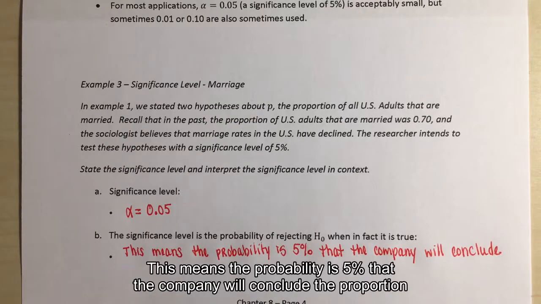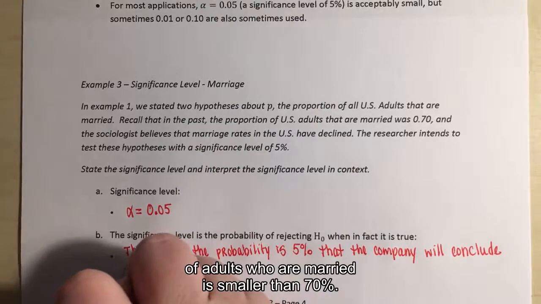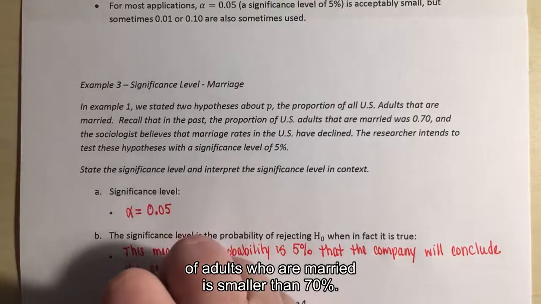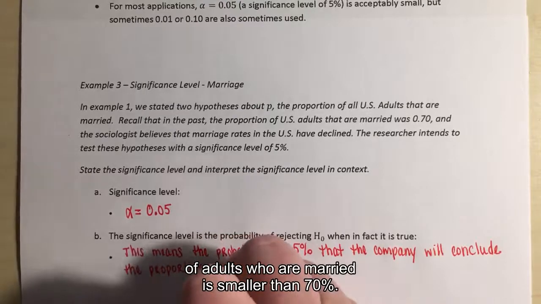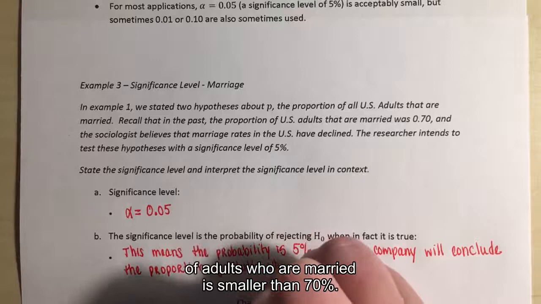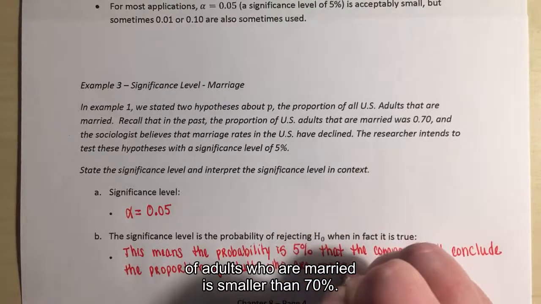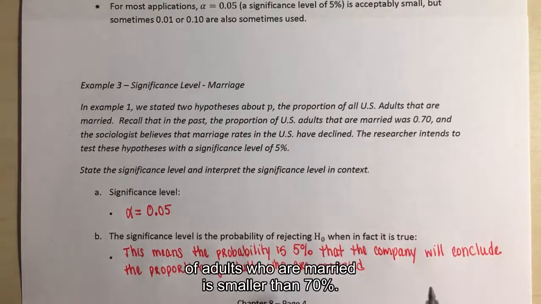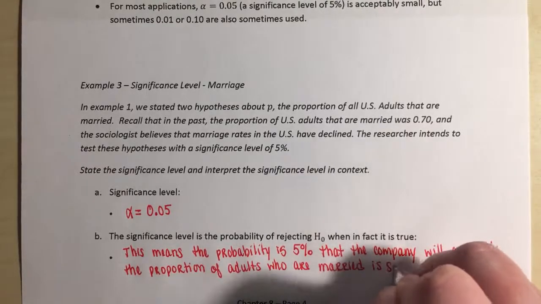So this means the probability is 5% that the company will conclude the proportion of adults who are married is smaller than 70%.